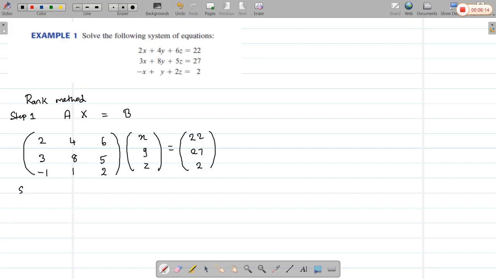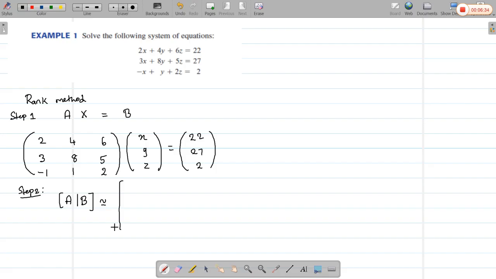Now step 2, I'm going to construct a matrix called the augmented matrix with A and B. If it is the rank method, you construct this matrix. How do we construct it?